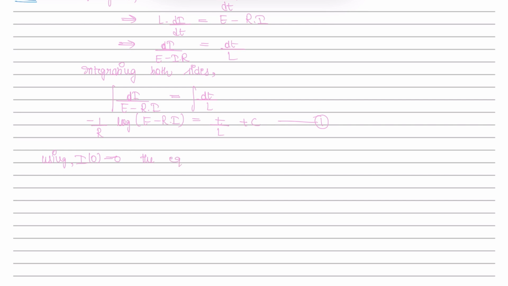So using this, equation number 1 becomes minus 1 by R log of E minus R times 0 is equal to 0 by L plus C. Here the value of C is equal to minus log E divided by R. Back substituting the value of C in equation number 1, it becomes minus 1 upon R log of E minus RI is equal to t by L minus log E upon R.